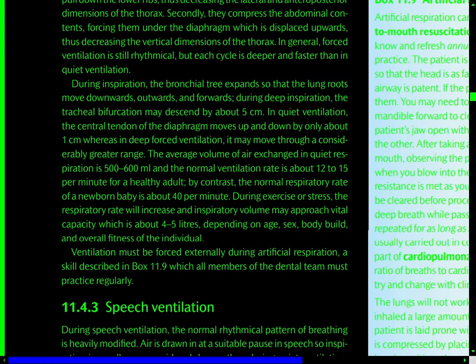The average volume of air exchange in quiet respiration is 500 to 600 milliliters, and the normal ventilation rate is about 12 to 15 per minute for healthy adults. Again, average volume of air exchange, 500 to 600 milliliters, and average rate of ventilation, 12 to 15 per minute for healthy adults.